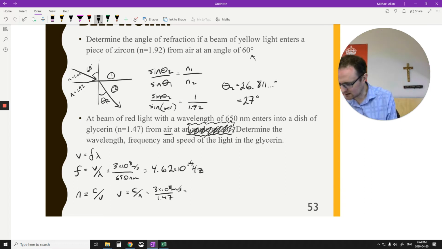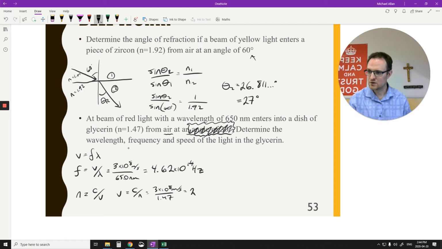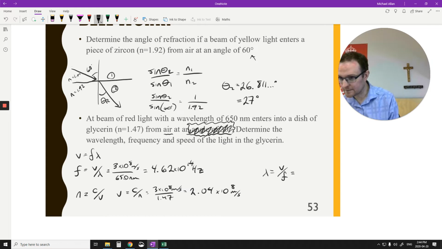This is the speed of light inside the glycerin, which would be 2.04 times 10 to the 8 meters per second. And I could put these two together, because this is the frequency and this is the speed. I can find its wavelength by going speed divided by frequency.